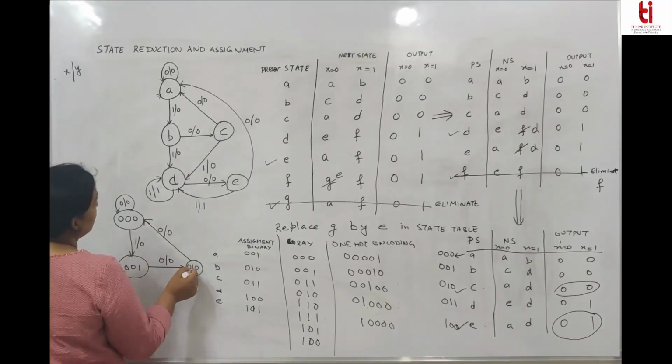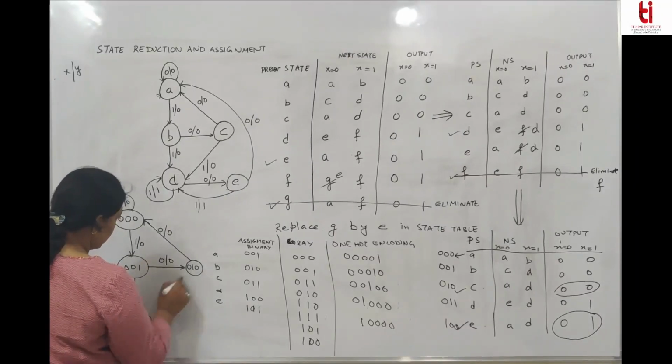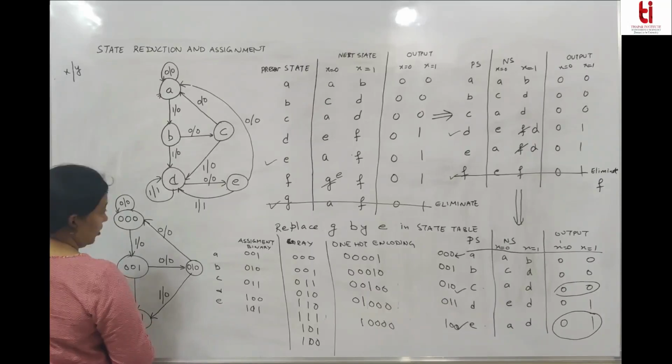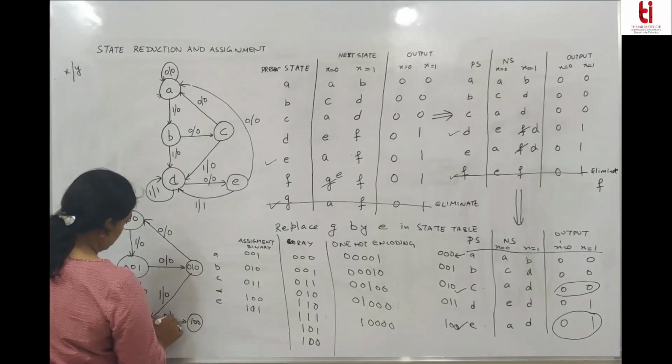From this state, C, it goes to D state. What is D? It is 0 1 1. Then it goes to E, which is 1 0 0 for 0.